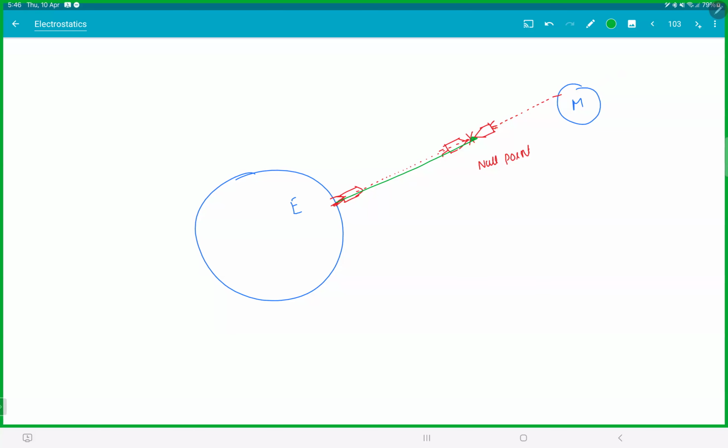Are you getting the point? So my landing point or my final position is not the Moon. My final position is the null point. If I can send the rocket till there, then automatically it will go on its own. In chemistry, we call this thing activation energy. For example, if you have reactants and products, our question has become like this now. If this is the reactants and this is the products, if they're at the same energy, why doesn't the reaction happen on its own?